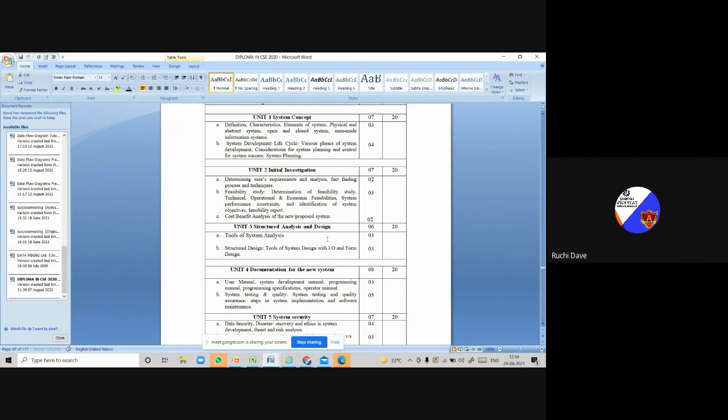We have done user requirement analysis and fact finding process techniques. We have also done the feasibility study: economic feasibility, system performance constraint, identification of system objective, feasibility, cost benefit analysis. And we have also done tools of system analysis.